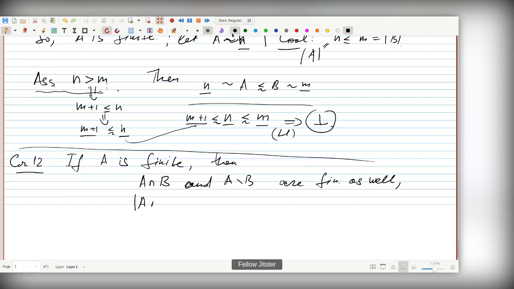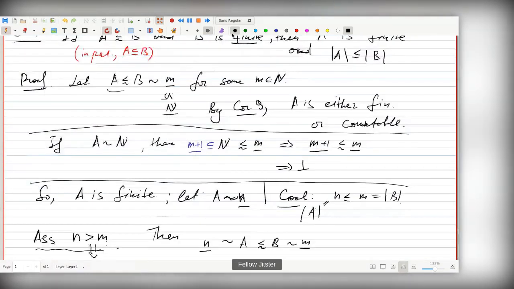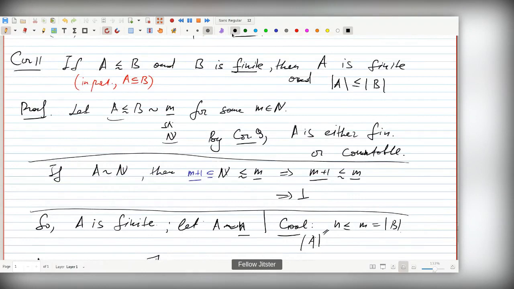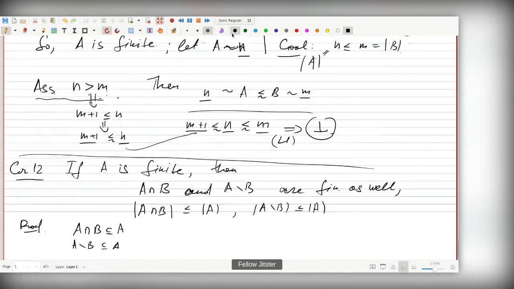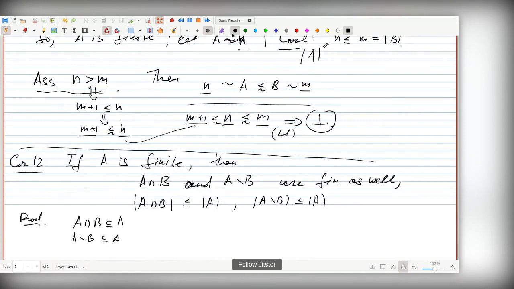Moreover, the cardinalities of these sets are less or equal than that of A. As a proof, you may cite the fact that A intersected by B is a subset of A, and A minus B is a subset of A, so then you can apply our previous corollary. Every subset of a finite set is finite itself and has not greater cardinality.